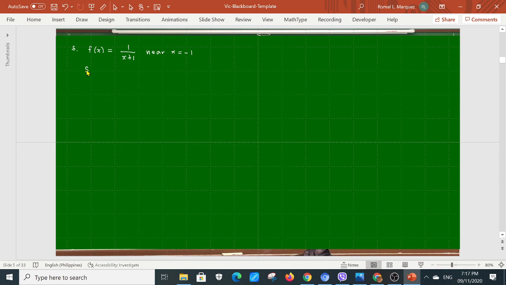So, solution: this function has a vertical asymptote. f has a vertical asymptote, as what you had in your Gen Math. If you had your Gen Math, you had this. Vertical asymptote at x equals negative 1.